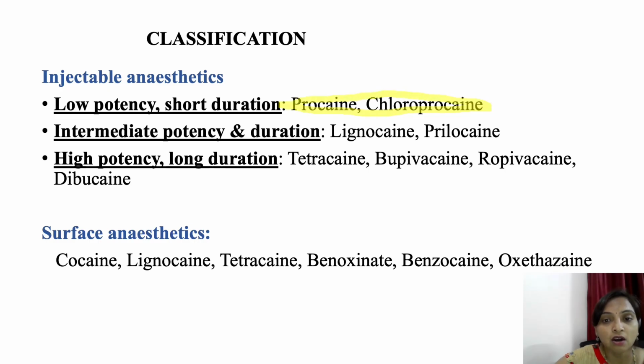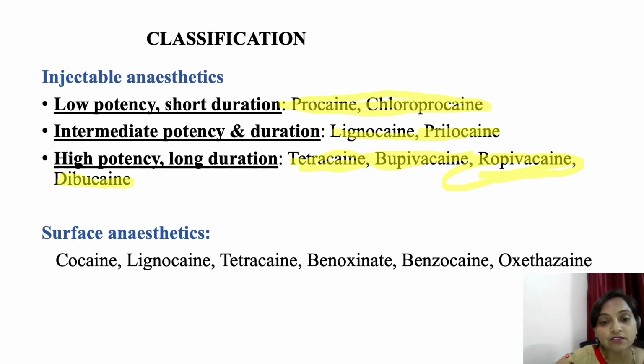So these are low potency shorter acting drugs. Intermediate potency and duration of action are lignocaine and prilocaine. High potency and long duration of action are tetracaine, bupivacaine, ropivacaine and dibucaine. So these are high potency longer acting drugs.